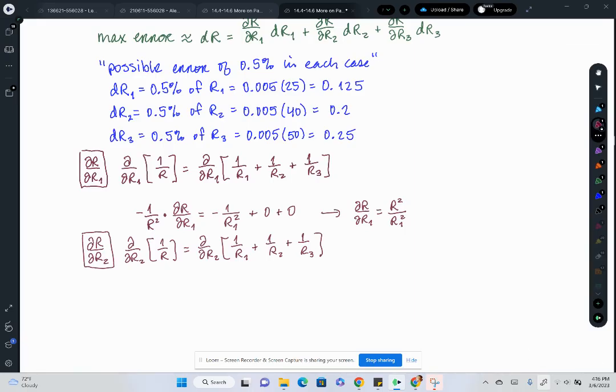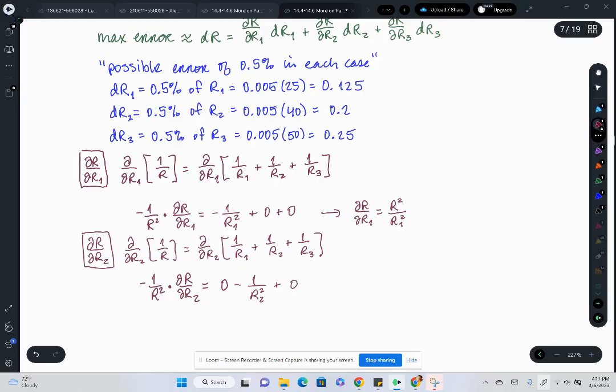I have to implicitly differentiate 1 over R. So I get negative 1 over R squared times del R1. Nope, del R2. On the right-hand side, I send the del R2 through. In the first term, 1 over R1 is a constant. The second term, 1 over R2, is going to give me minus 1 over R2 squared, and then plus 0.